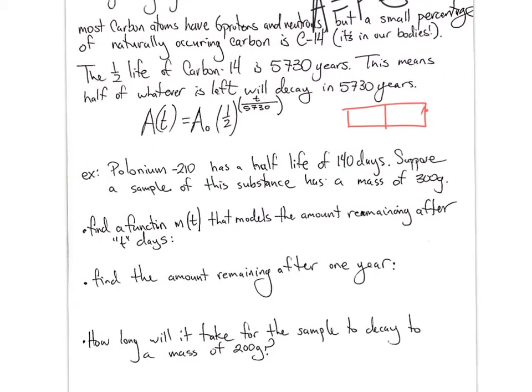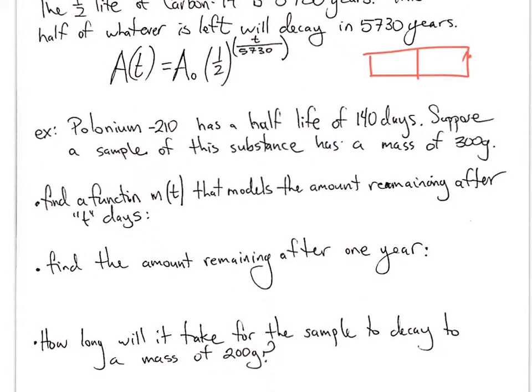So after t days, let's say we have mass as a function of time equals our original amount. Our original amount was 300 grams. We're talking about half-life, so our base is 1/2.